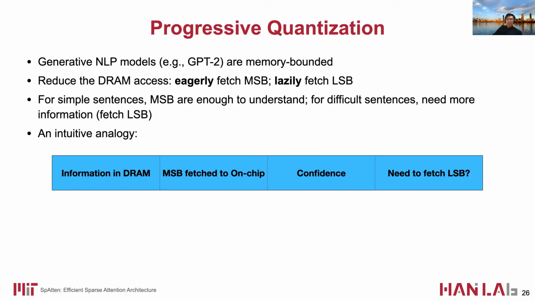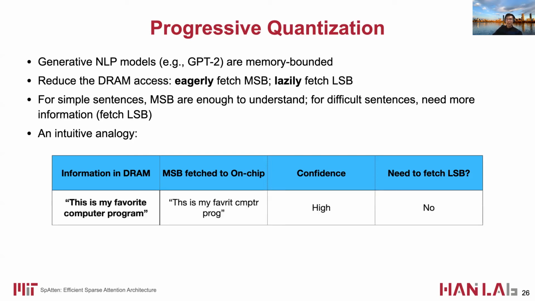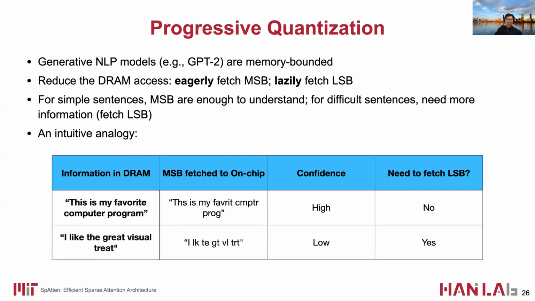For this sentence, the full information is in the DRAM. We only fetch part of the information to the on-chip buffer. If the confidence about the sentence is high, then we do not need to fetch LSBs. Otherwise, for this example sentence, if the confidence is low, meaning the information is not enough to get meaningful results, then we need to fetch LSBs.